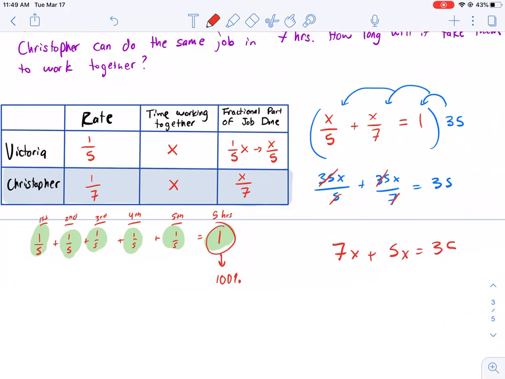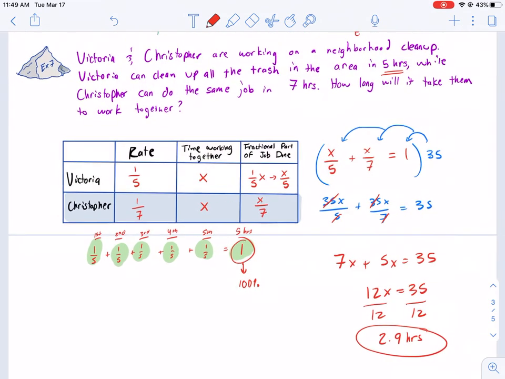And that still equals 35. Here we have 12x equals 35. We solve for the amount of time needed for them to finish by dividing by 12. This is a decimal, so we're going to use our calculator and do 35 divided by 12 equals 2.9 hours. And that's how you do that problem.